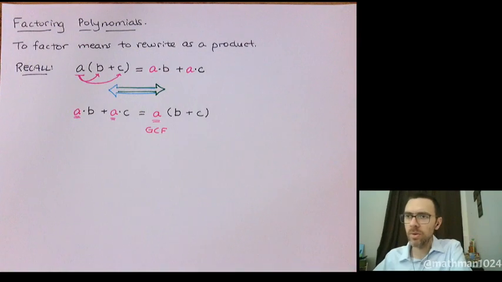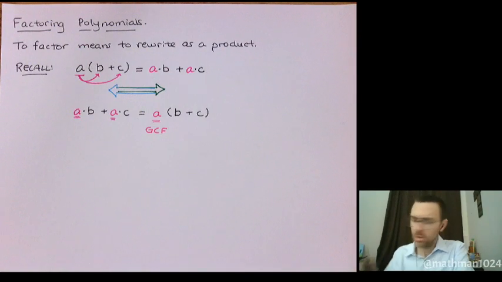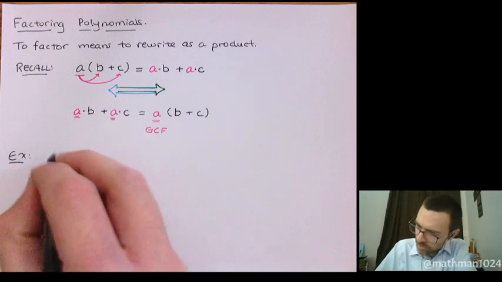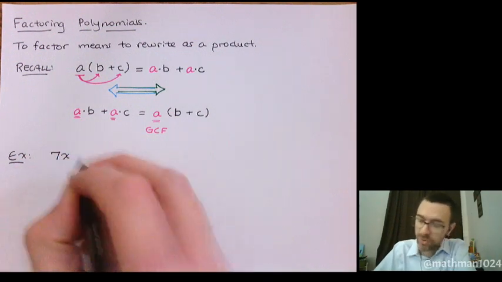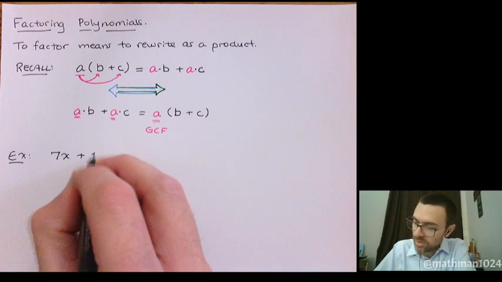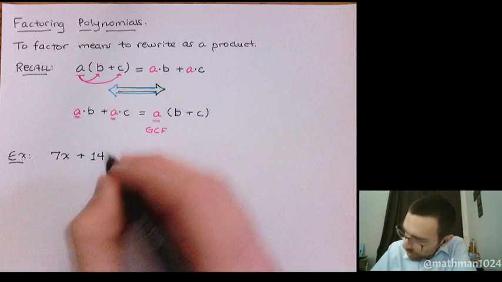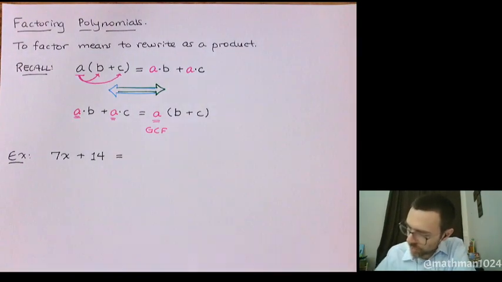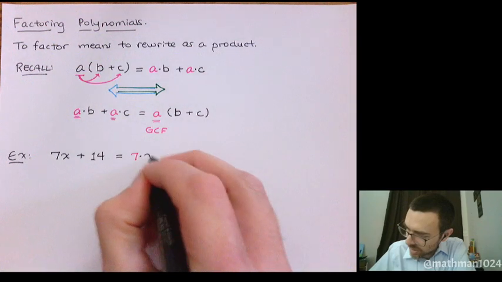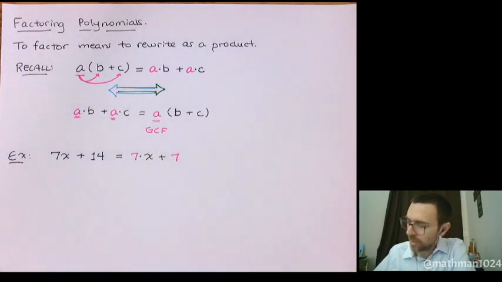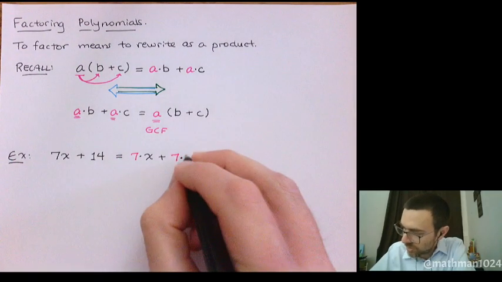Now, let's take a look at this example, just so we understand what we're saying here with the distributive property going backwards. If I say 7x plus 14, we want to make sure we understand that we can rewrite this to say 7 times x plus 7 times 2.